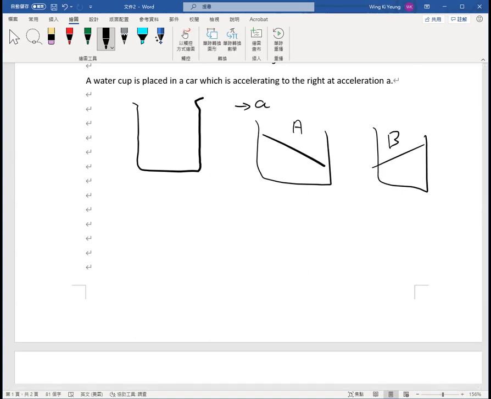You type me your answer in the chat. So what do you think? Is it A or B?